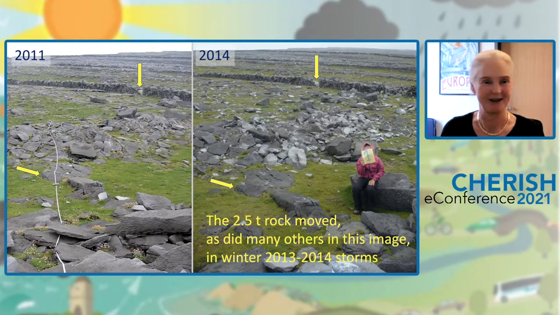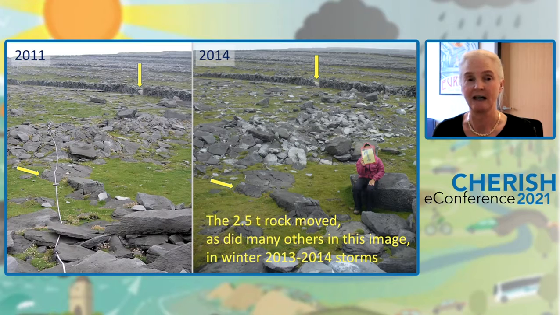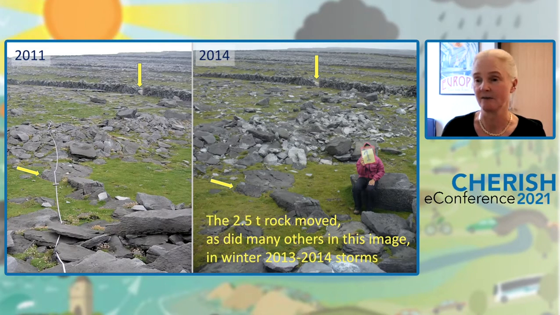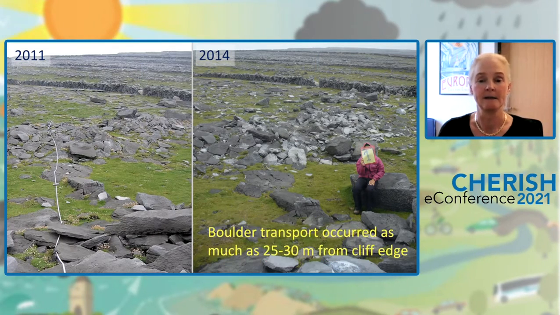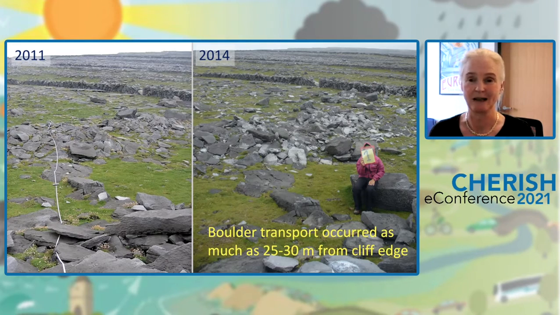So as you scan your eyes back and forth from one image to the other, you can see that there are a lot of pale gray clasts in the right-hand image that are not in the left-hand image. You can see some of the darker gray clasts are in different positions, including some fairly large ones. And we noted at this site that boulder transport had occurred as much as 25 or 30 meters from the cliff edge.